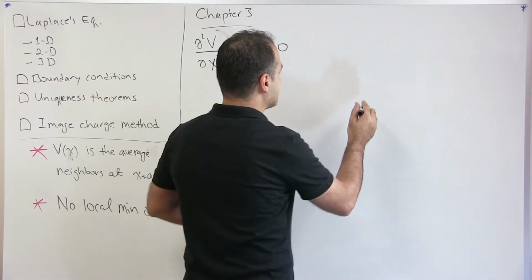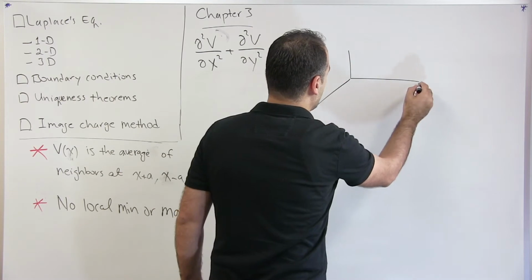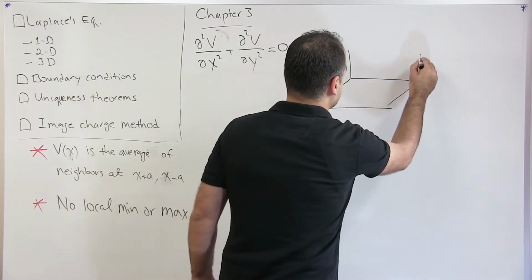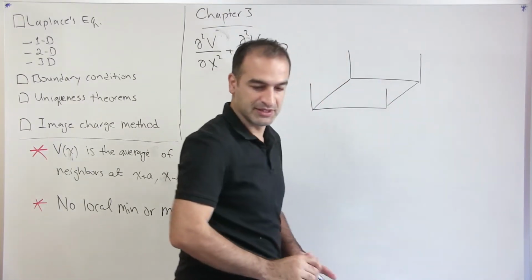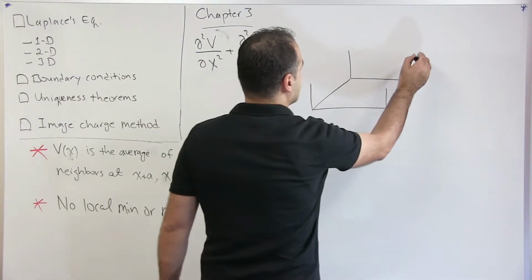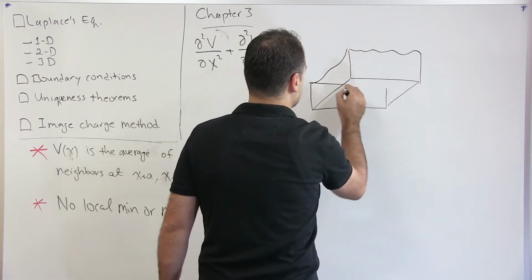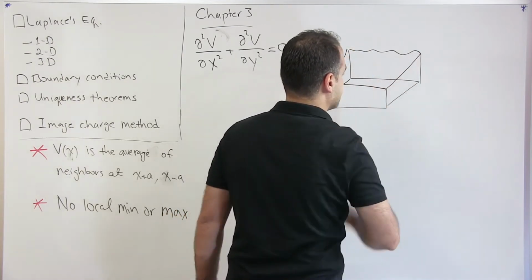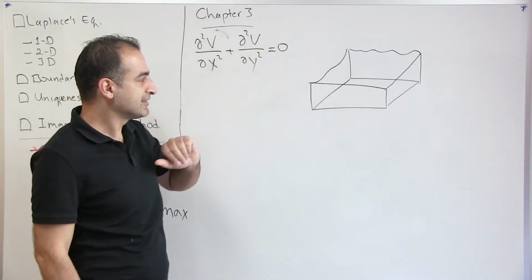Imagine you take a cardboard box, and you cut all the corners and all the sides in random shapes that you wish. Imagine you cut one side like this, cut the other side, and this, and this. So imagine you make such a cardboard box and cut it like this.